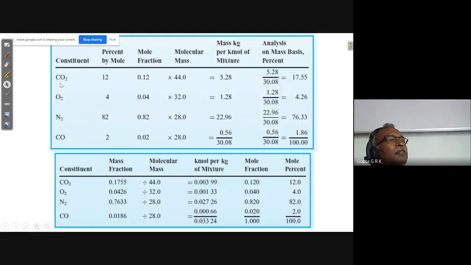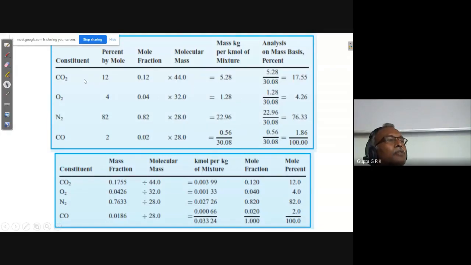So same thing, CO2, O2, N2, CO, and the percent by mole: 12, 4, 82, and 2. These are percentages. The total is 100. So the mole fractions are 12 by 100, 4 by 100, 82 by 100, and 2 by 100. So we get the mole fractions. And if I multiply by the molecular weight, I will get the mass of each component.